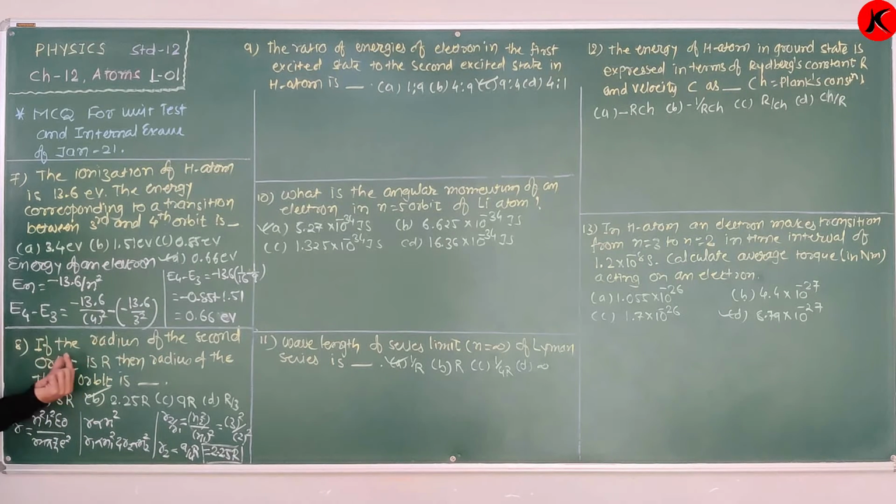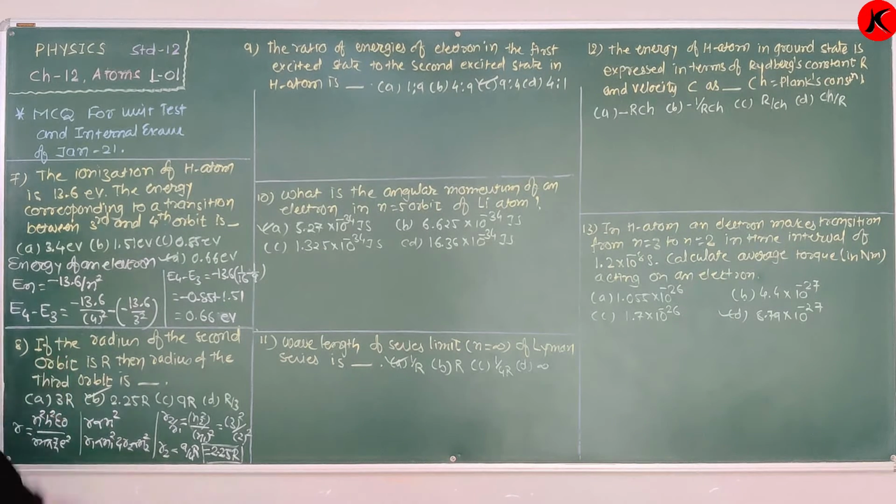Again, if the radius of the second orbit is R, then what is the radius of third orbit of hydrogen atom? We know the equation of the radius of nth orbit: R is equal to n square h square epsilon 0 upon m pi z square. Z for hydrogen atom, h is constant, epsilon 0 constant, m pi is constant.